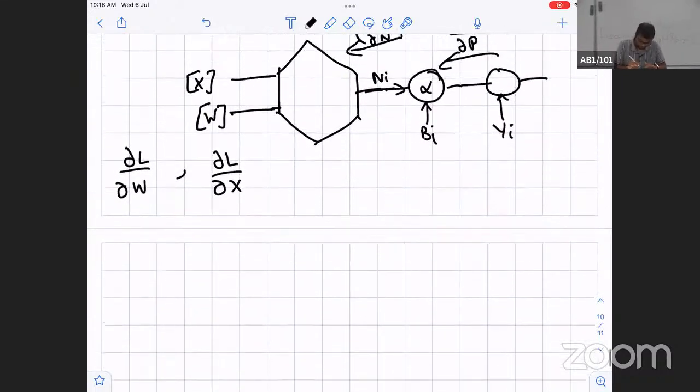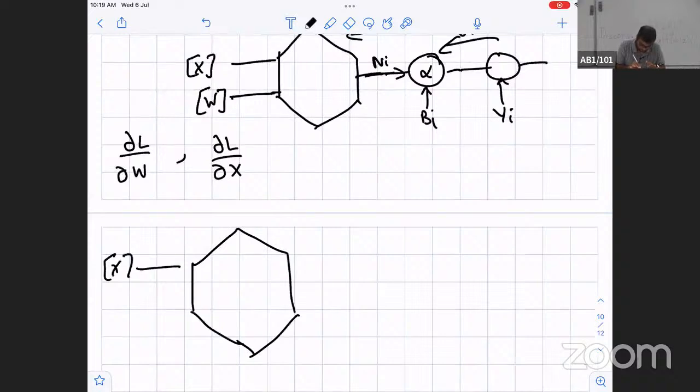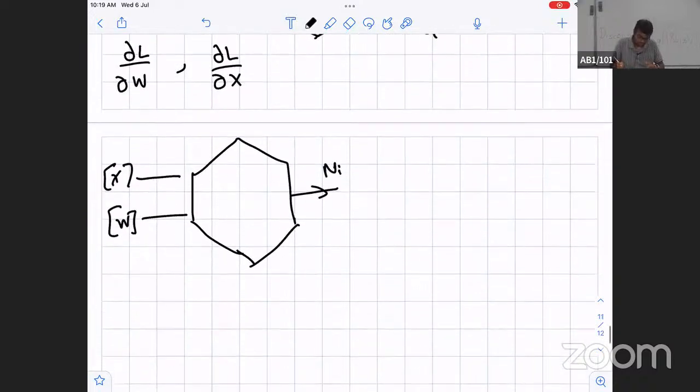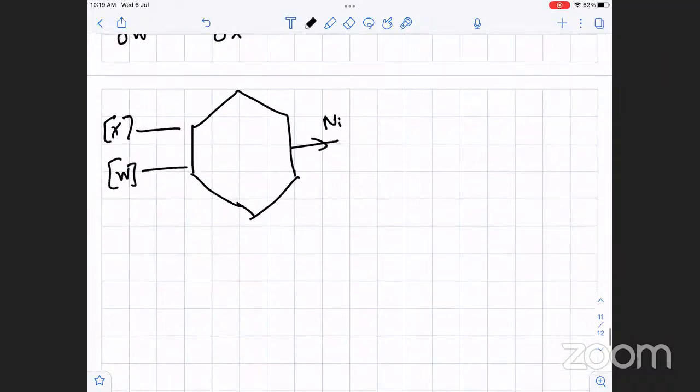So we will focus only on one of these. So you have x, you have w, the output is ni. Okay, just so that you know, I will look at a little more complicated example than just w. So let's recall what is x.